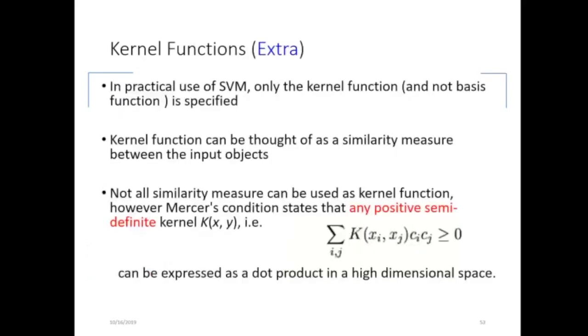Okay. A little bit extra: as I roughly said, as long as you have a similarity function, it can be thought of as a similarity measure between the input objects. But not every possible similarity measure will work.